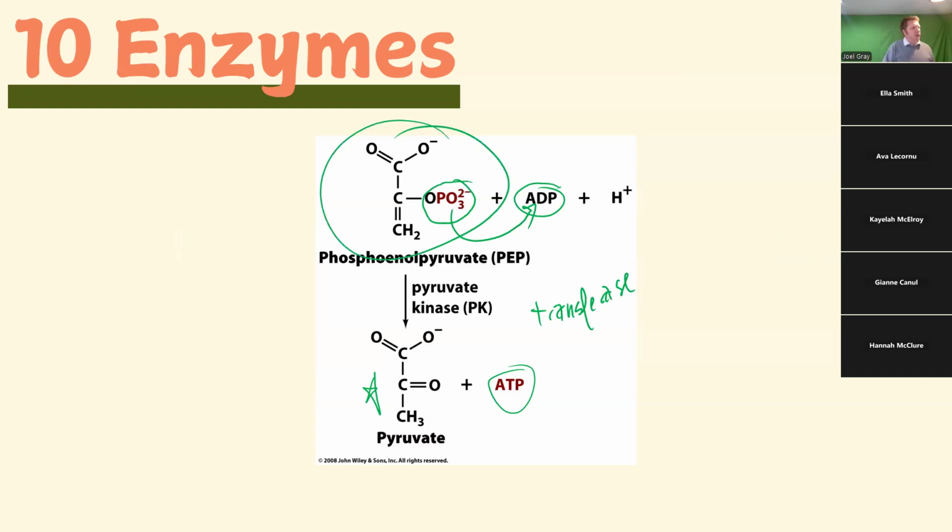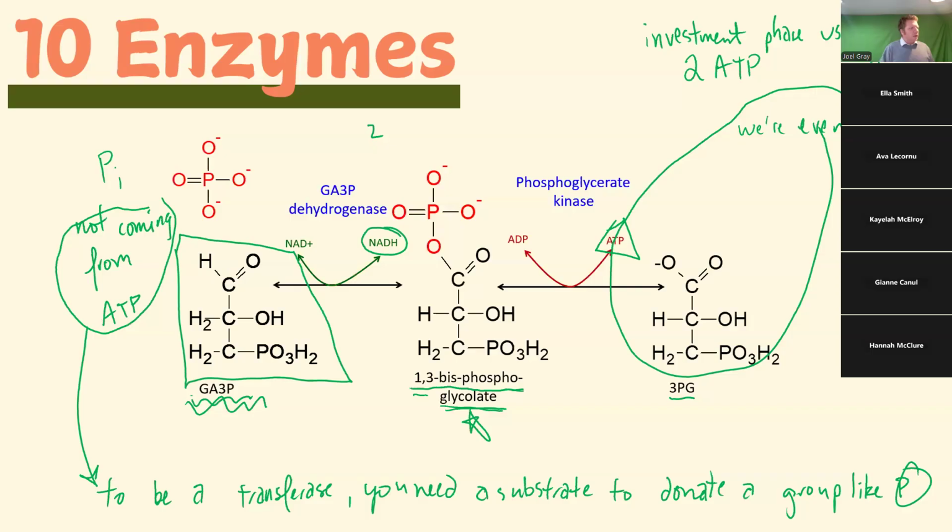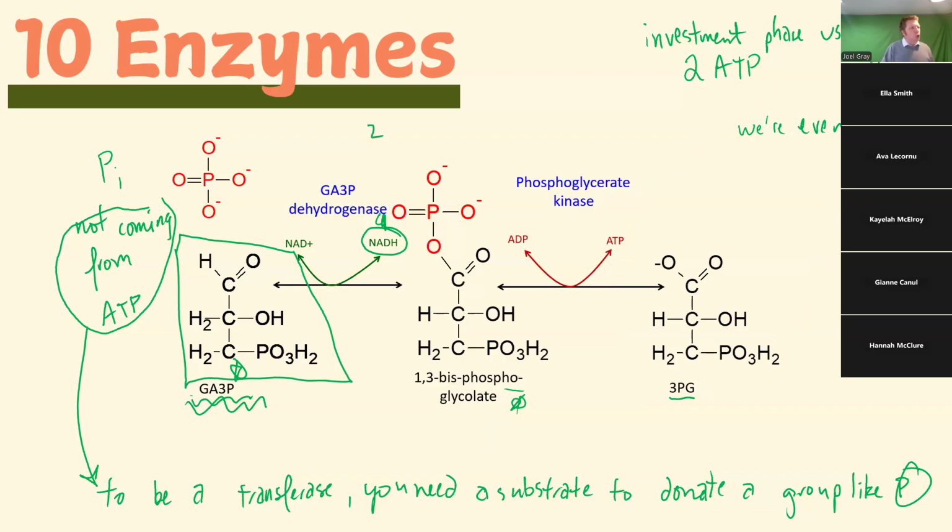Okay, now follow-up question. How many of these do we have? How many phosphoenol pyruvates? And just a little bit of a reminder, when we were back here, we knew that we had 2 glyceraldehyde 3-phosphates, which were used to make 2 NADH, and 2 1,3-bisphosphoglycolates, which were used to make 2 ATPs and 2 3-phosphoglycerates.